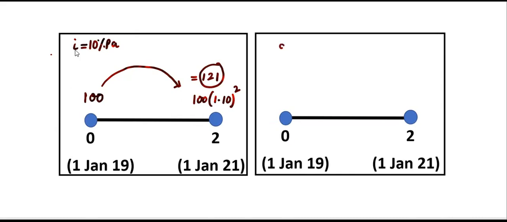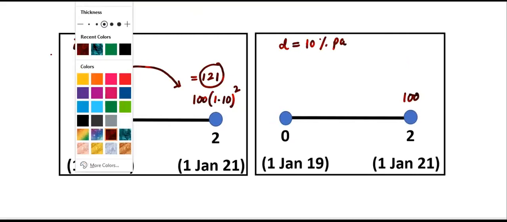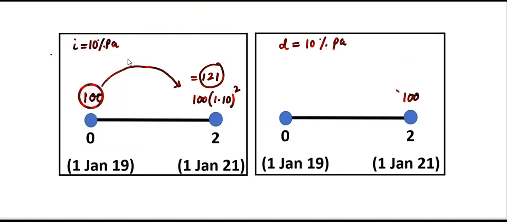Now, suppose d is 10% per annum and you are expecting 100 after 2 years. How much must you have deposited on 1 January 2019? Here you deposited 100, that grew to 121. And in this example, how much must you have deposited so that you will be able to get 100 after 2 years? That is the question.